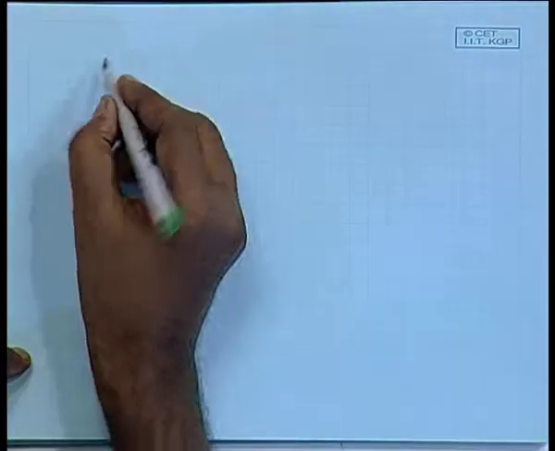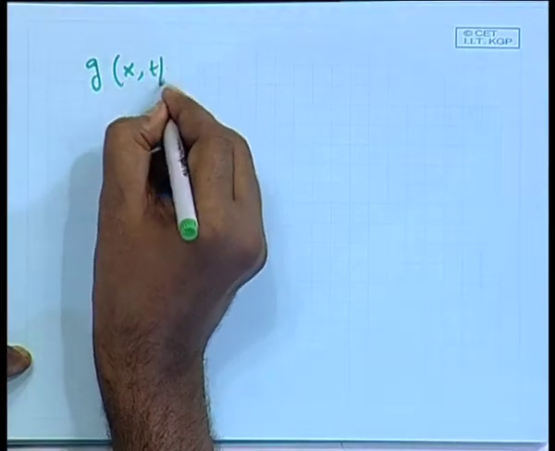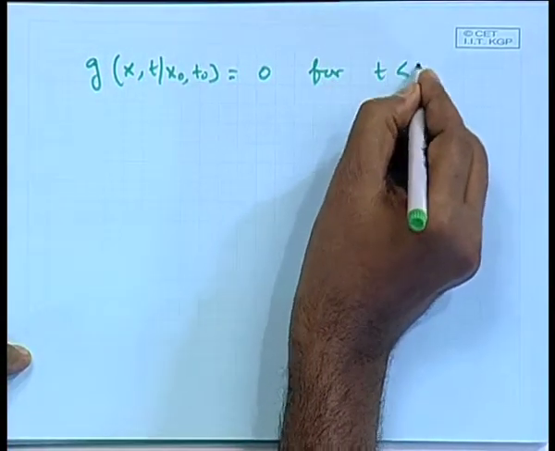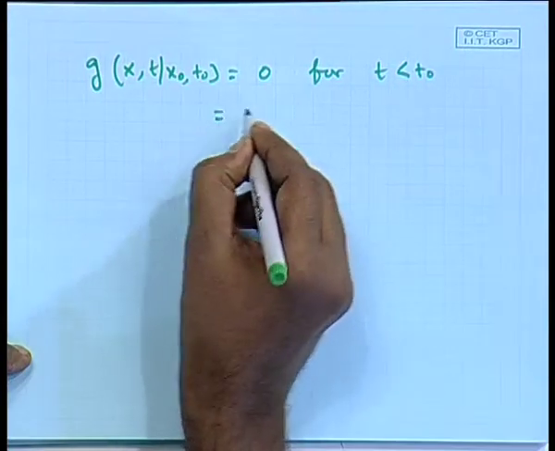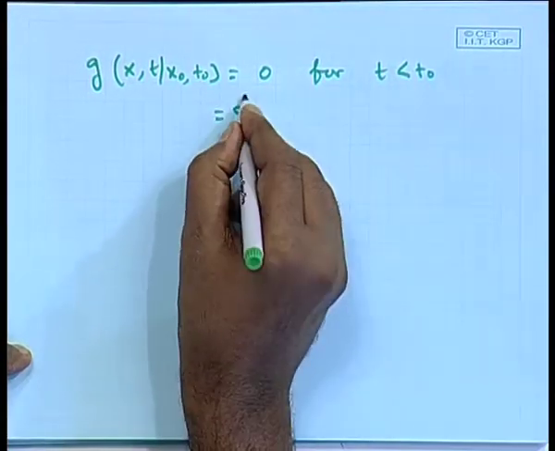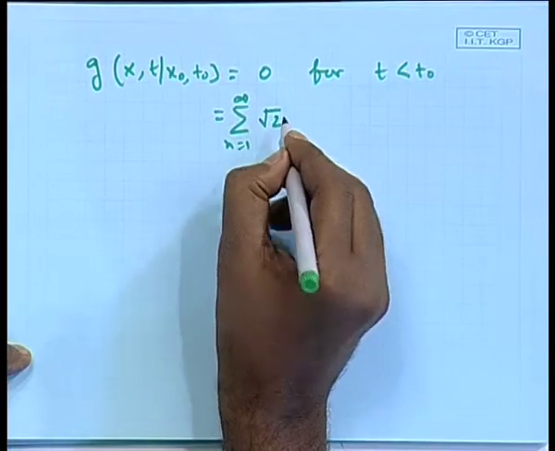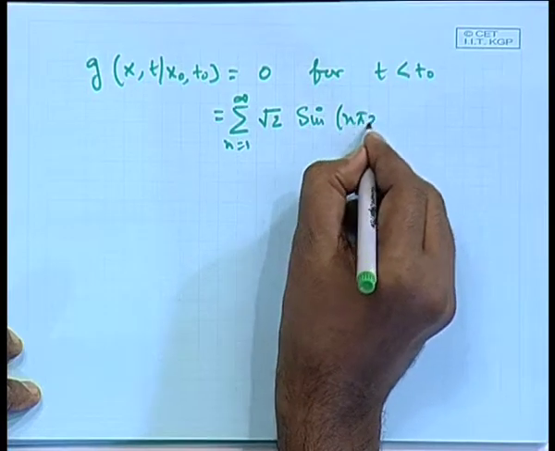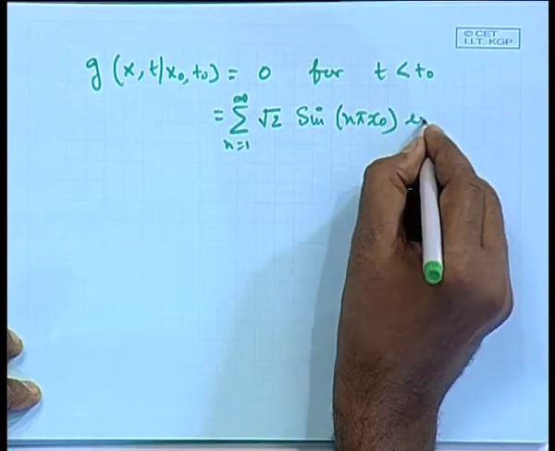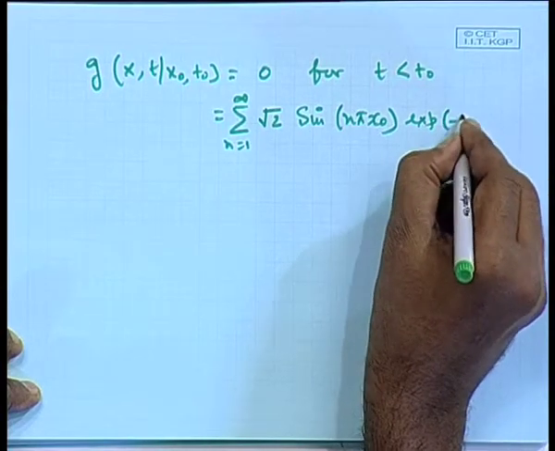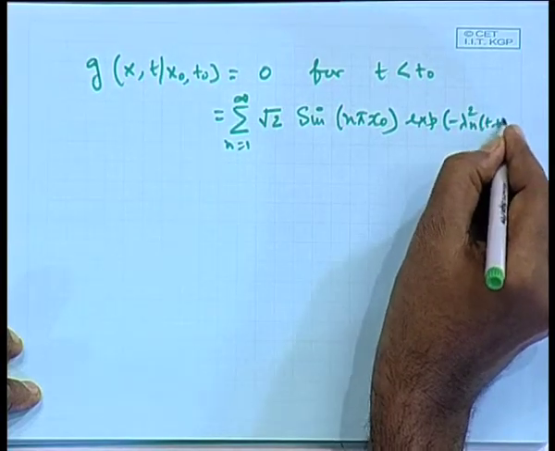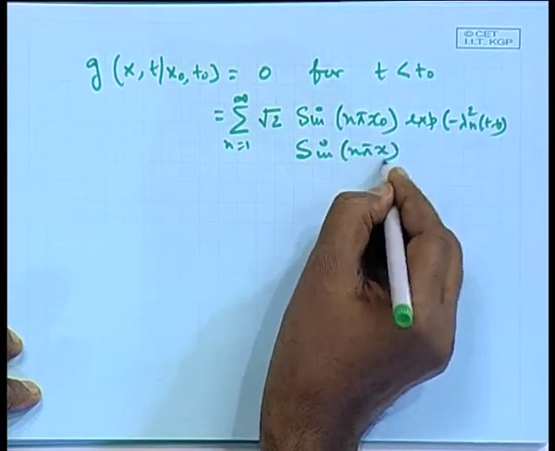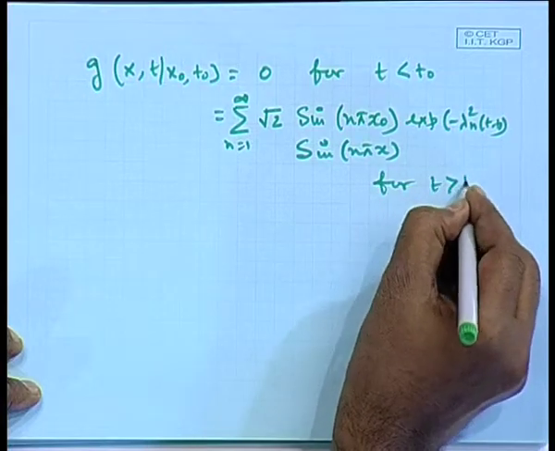So, Green's function can be written as g(x, t; x naught, t naught) is equal to 0 for t less than t naught, and this is equal to summation n equal to 1 to infinity root over 2 sin n pi x naught exponential minus lambda n square (t minus t naught), times sin n pi x, for t greater than t naught.